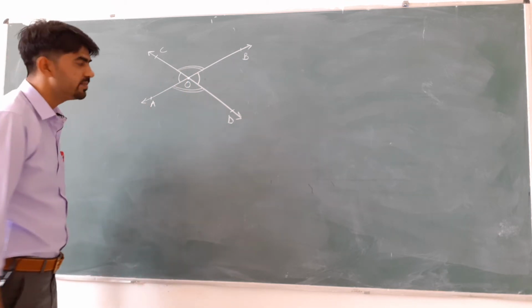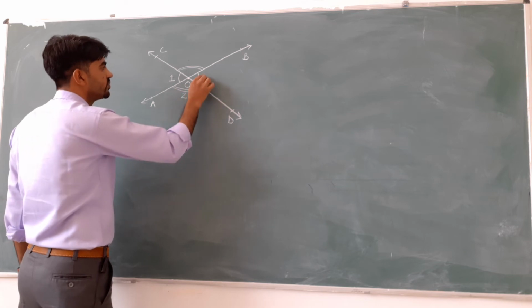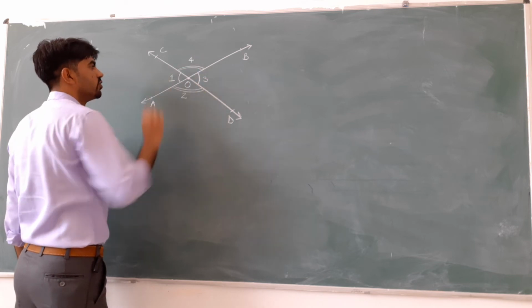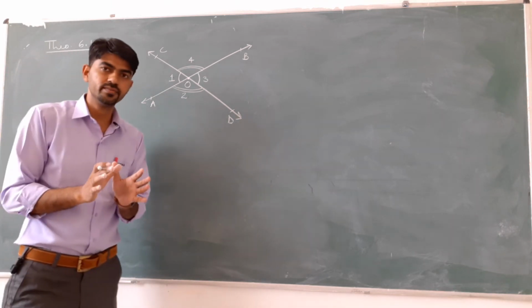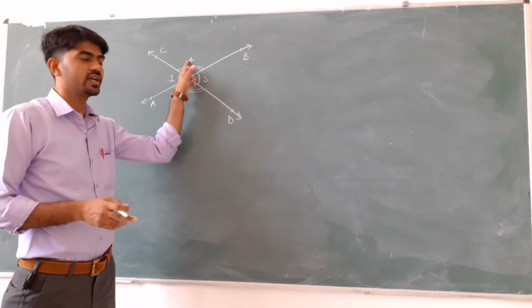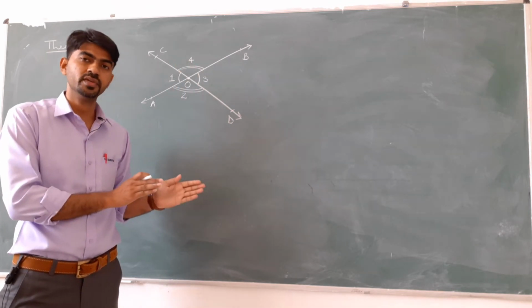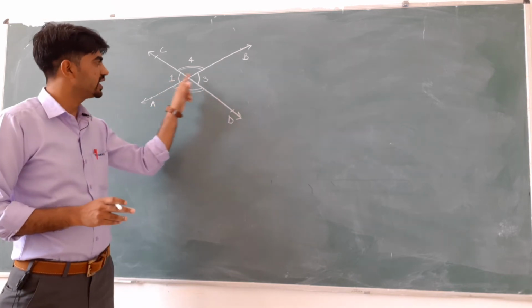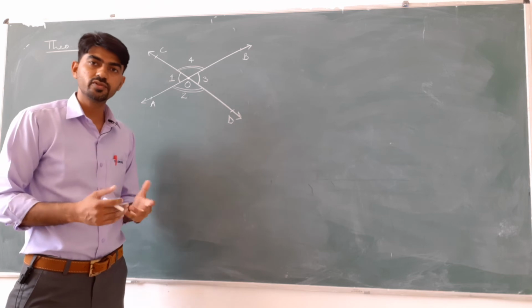Let us name them angles 1, 2, 3 and 4. According to the theorem, angle 1 is equal to angle 3 and angle 2 is equal to angle 4. Now we are going to prove this theorem. It means we have to prove that angle 1 is equal to angle 3 and angle 2 is equal to angle 4.